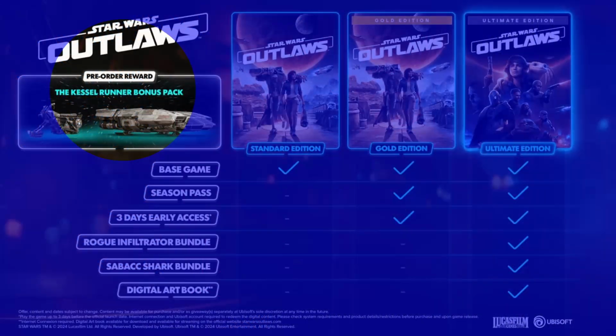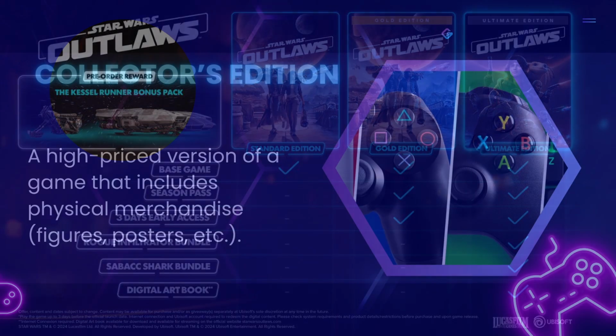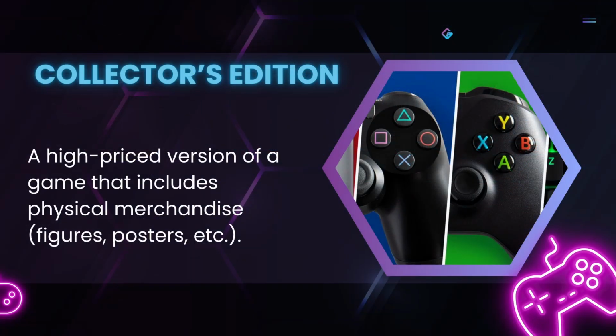So take a look at these different editions from a lot of video games and you'll see what we're talking about. Okay, the next vocabulary word is collector's edition. Now, collector's edition is a high-priced version of a game that usually includes physical merchandise.